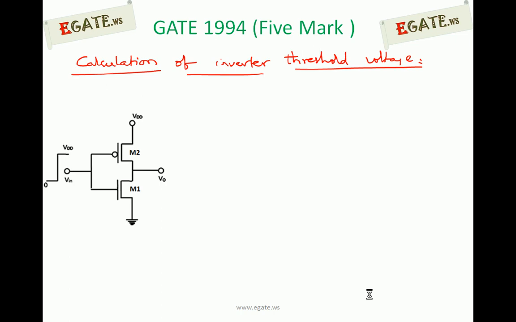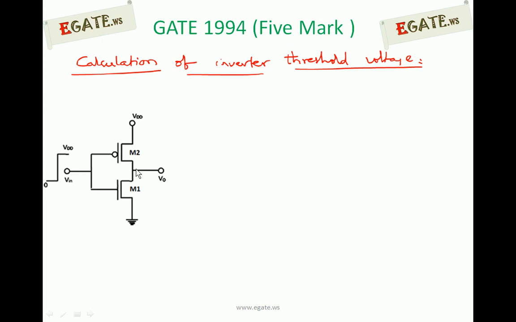We know that at the inversion point both the transistors are in saturation. What is the relation between the current flowing through M2 and the current flowing through M1, that is the current through PMOS and the current through NMOS? Can we say that the same current flows through both transistors? Current comes from VDD, flows through the drain, and the same current flows through the source of M2.